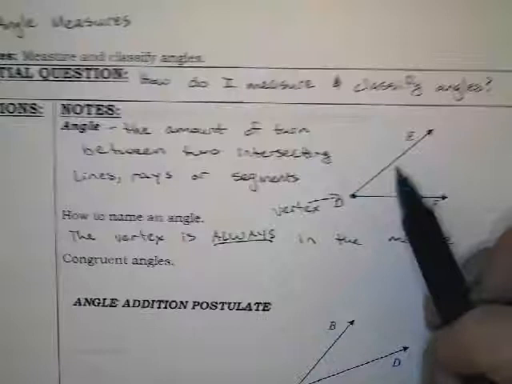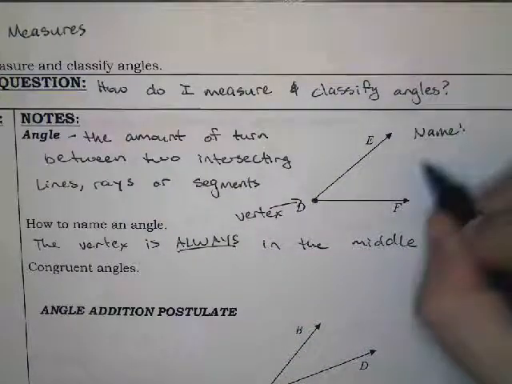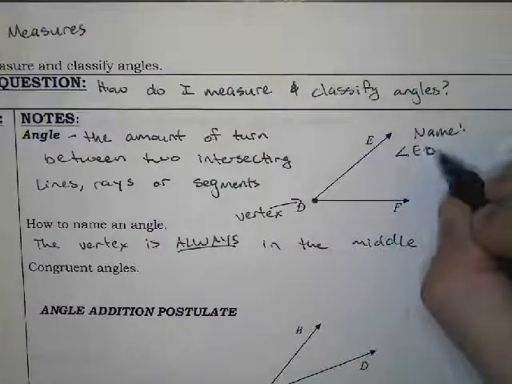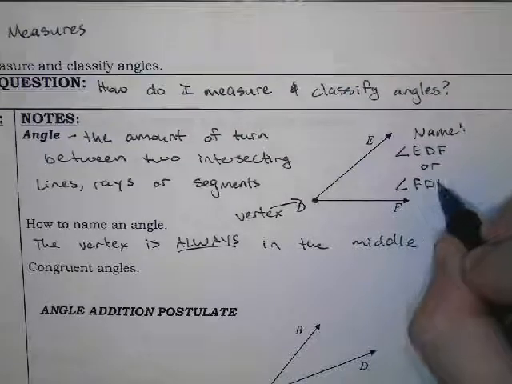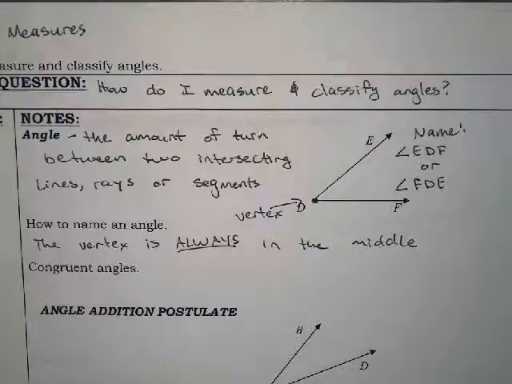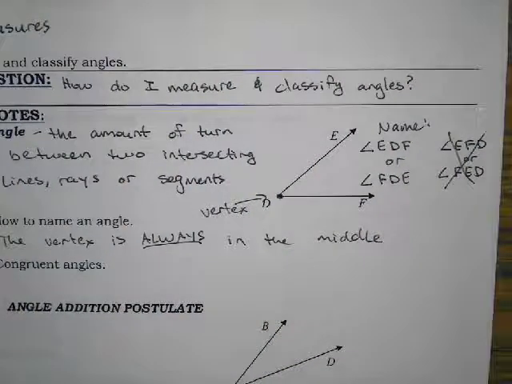So I can name this angle right here angle EDF or angle FDE. These are both correct ways. If I named this angle angle EFD or angle FED, those would be considered incorrect. So that vertex has to always be in the middle.